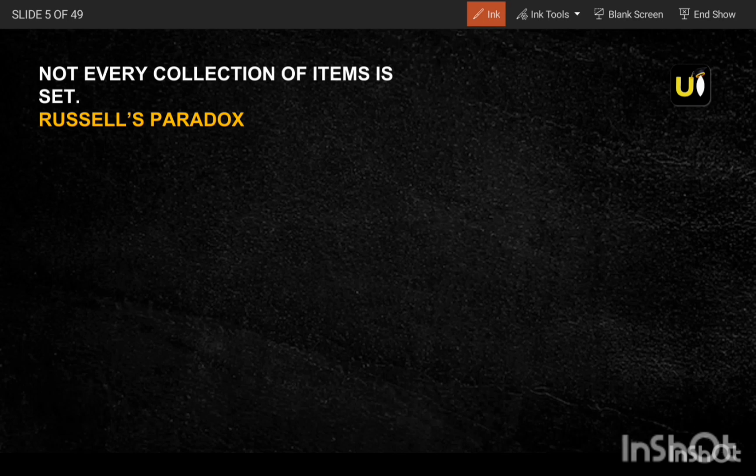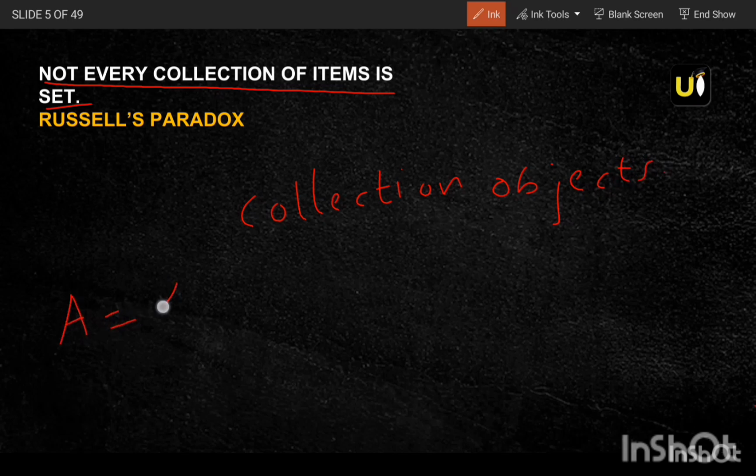And coming to this statement, not every collection of items is a set. As we discussed before, a set is defined as a collection of some objects. Let us consider an example. Here we are given the top 5 favorite colors: yellow, blue, green, red and white.